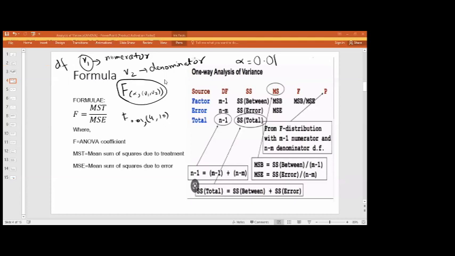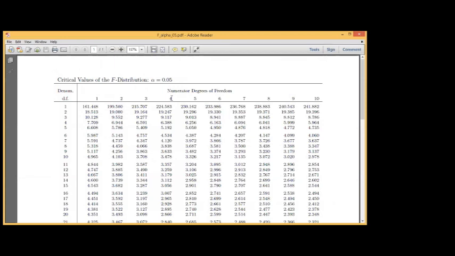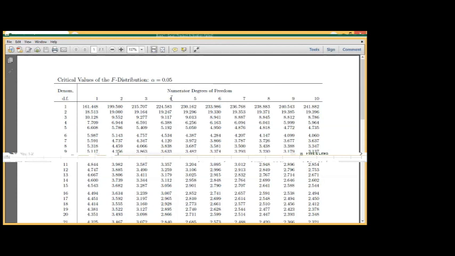So this is the level of significance with alpha equal to 0.05. I will check 4 numerator and 10 denominator. I go here, and this value will come: 3.478. So back to the presentation. This is how we can check the table of the ANOVA coefficient, right?